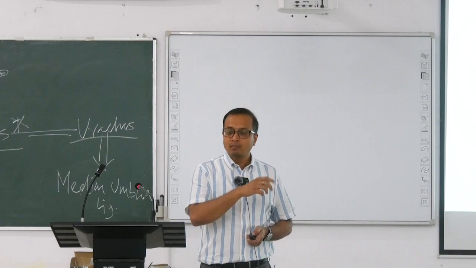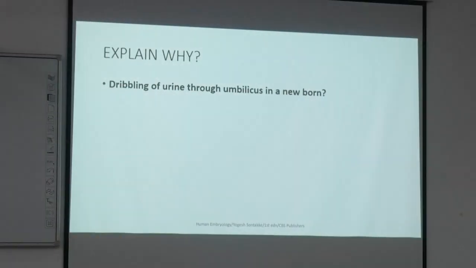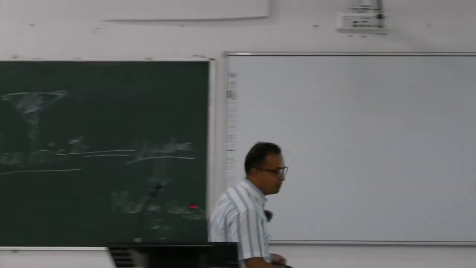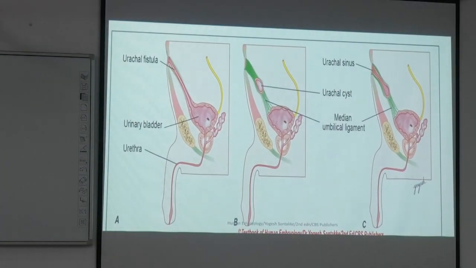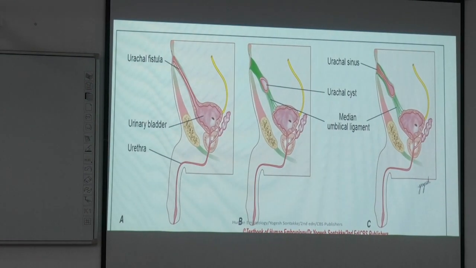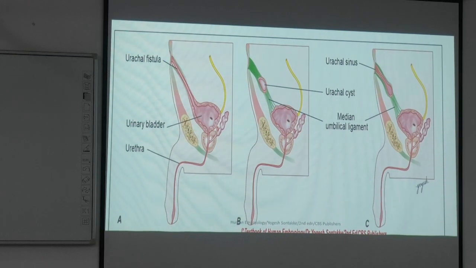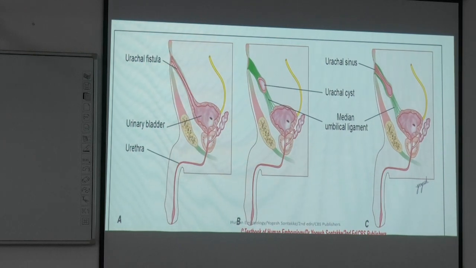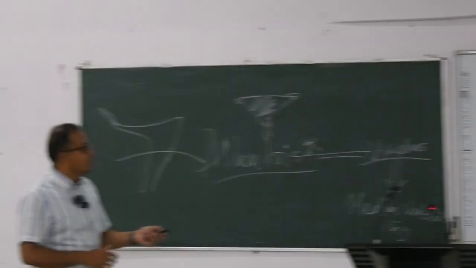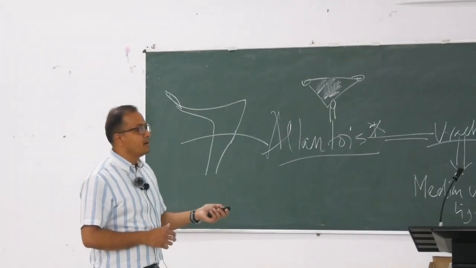For that we have to go back to the developmental part, which is because of this entity we call the allantois, or persistence of the allantois. In its form we call it the urachus. This particular urachus, which normally should become the median umbilical ligament, is not formed into the median umbilical ligament, rather it keeps this tract patent.